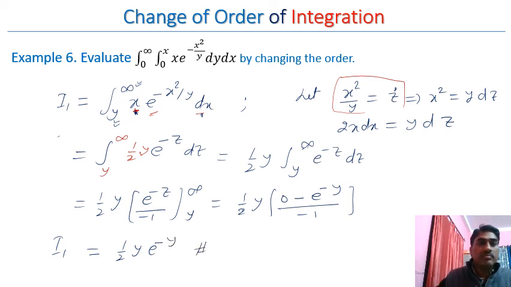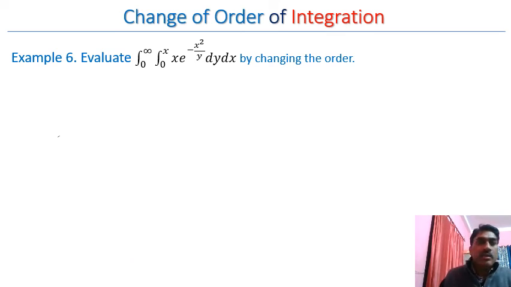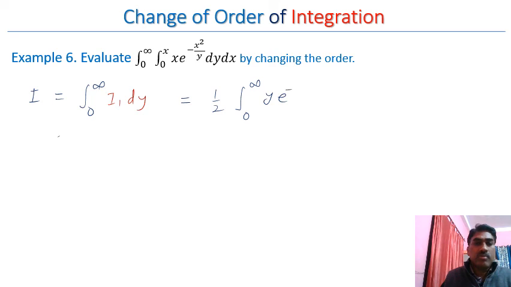This is I1. Now put this I1 in I. I was 0 to infinity I1 dy. So I1 we have obtained. So put in this integral. So we get 0 to infinity 1 by 2 y e to the power minus y dy. And this is a very trivial integration. You can integrate by parts.